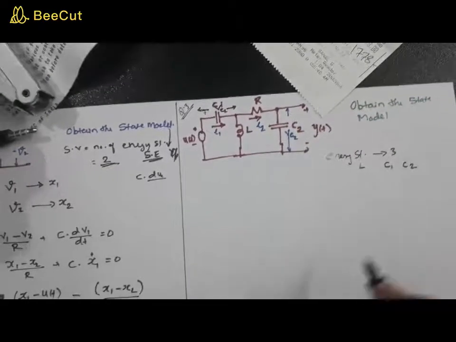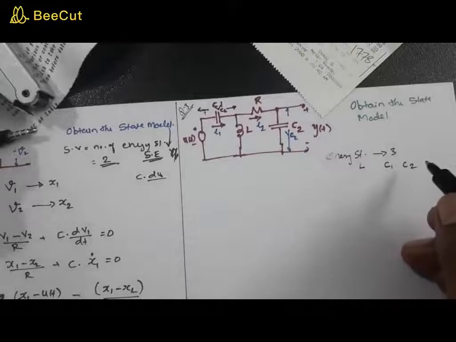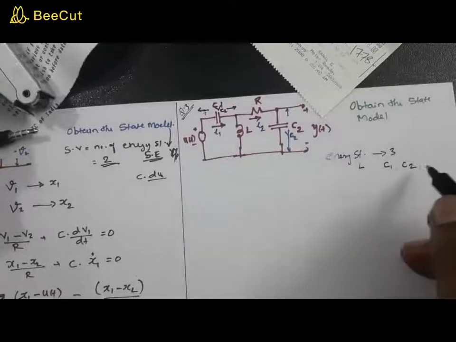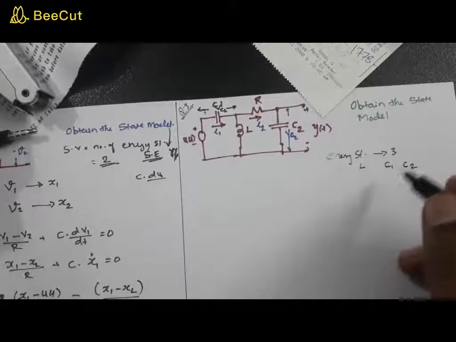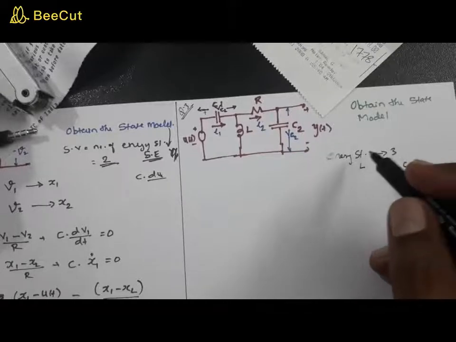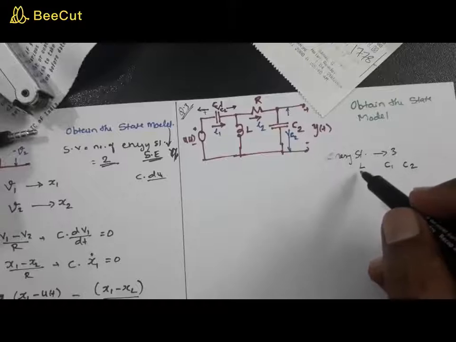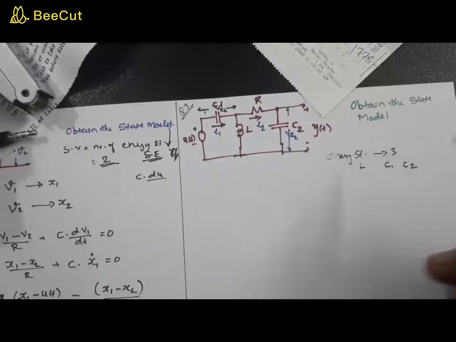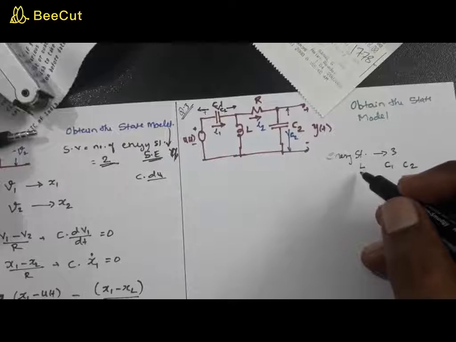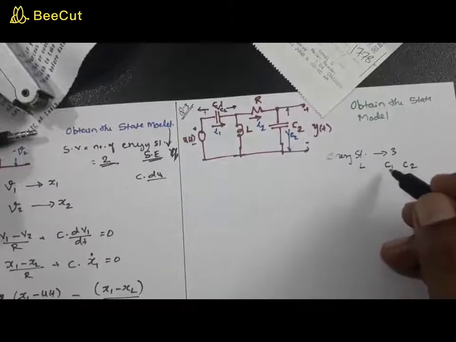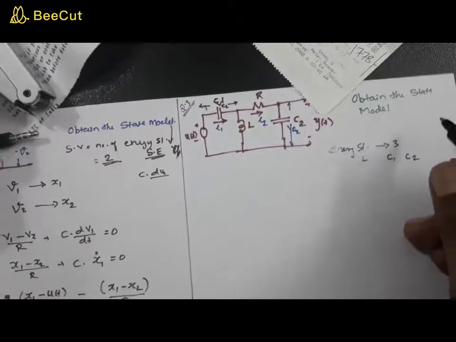So these are the three energy storing elements. Therefore you can have the state variables as the current through the inductor and the voltage across the capacitors.